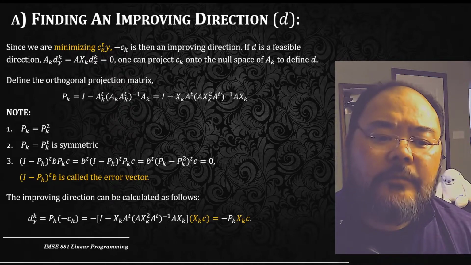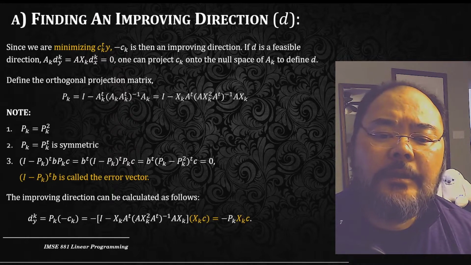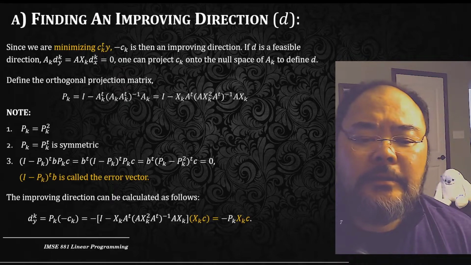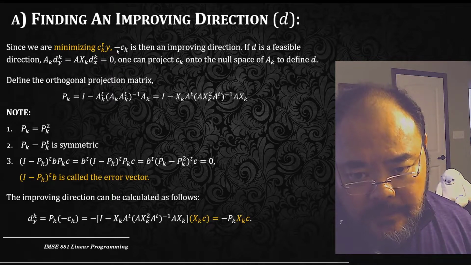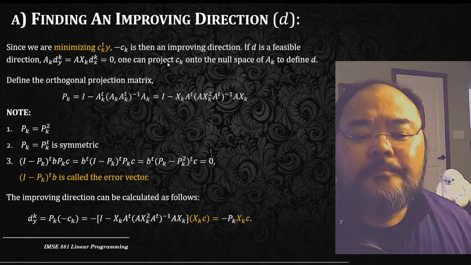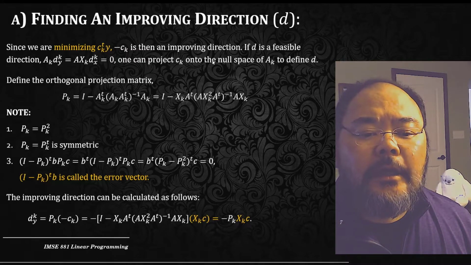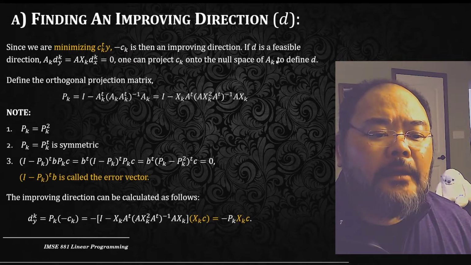So one of the methods is to project CK, which is my objective vector, equal to C times capital XK, onto the null space of AK to define a D.